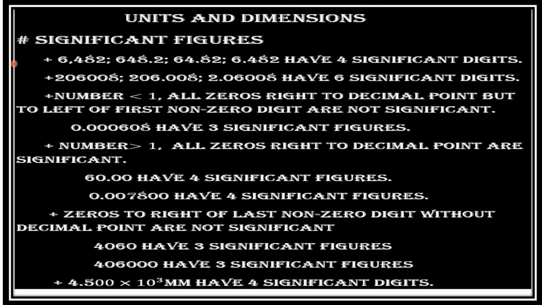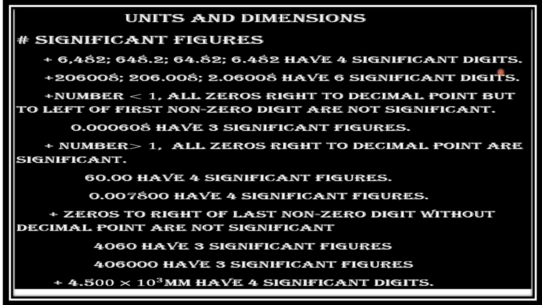There are many rules for significant figures, but remembering the rules is a difficult task for us. In a different way, let us remember it through examples. See, here 6,482 has four terms. Again, 648.2, 64.82, 6.482 have four significant digits.